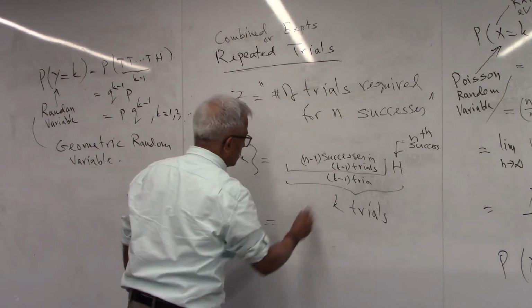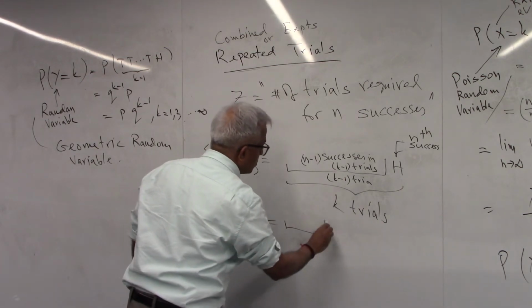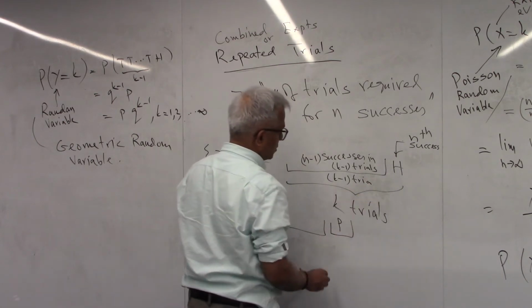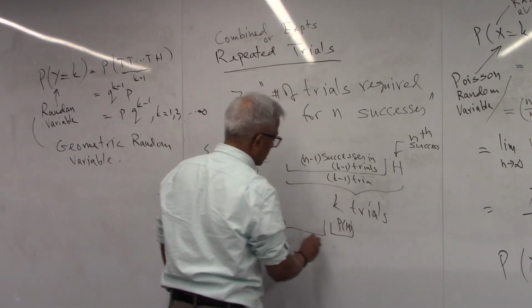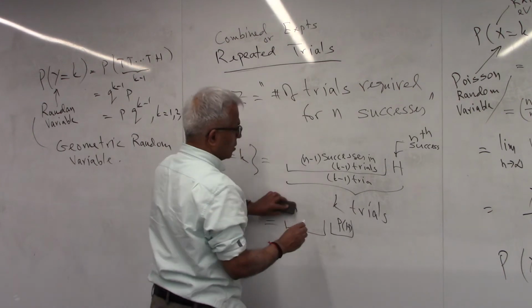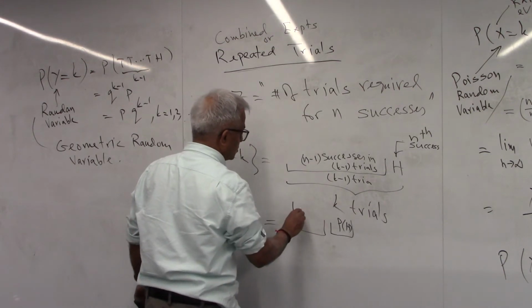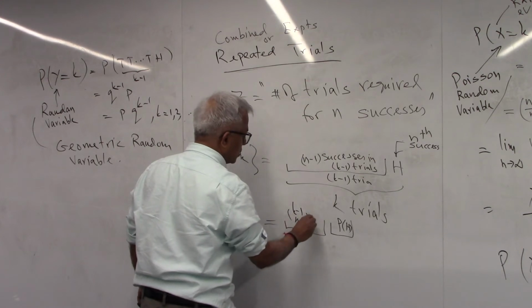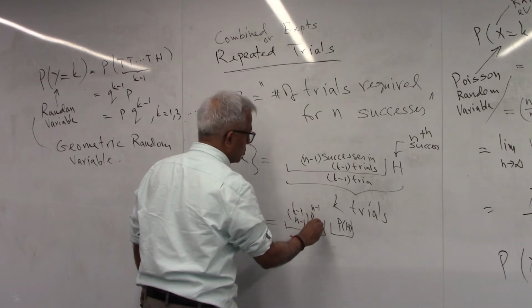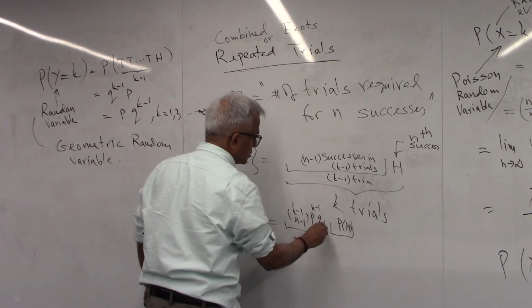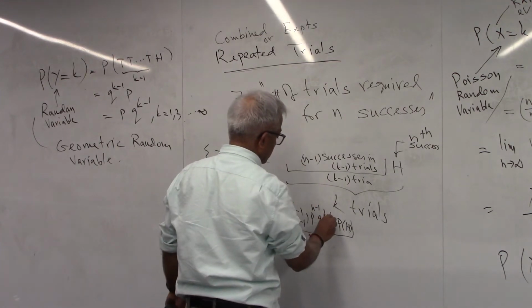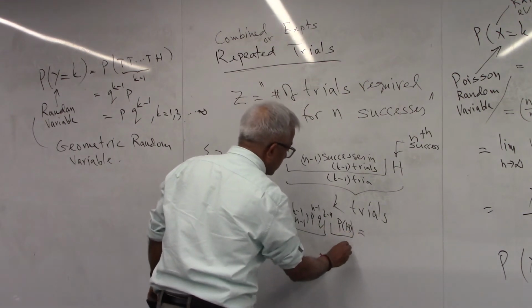So it will be a product of two probabilities. This probability is easy. Probability of head is small p. Here it's going to be k minus 1 trials and n minus 1 successes. So it is p to the power n minus 1, q to the power k minus n, multiplied by small p.